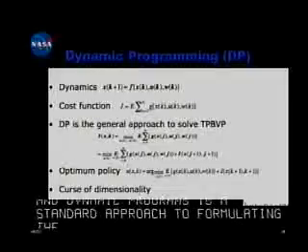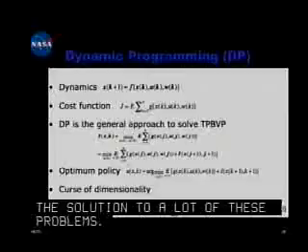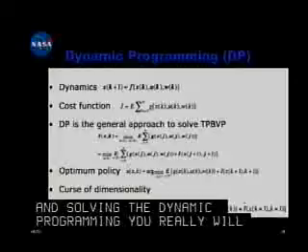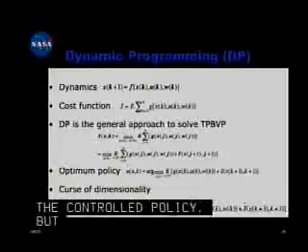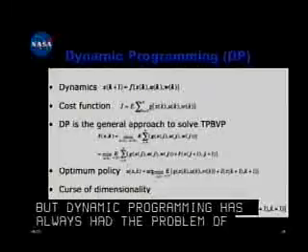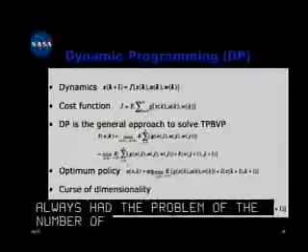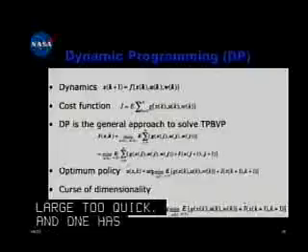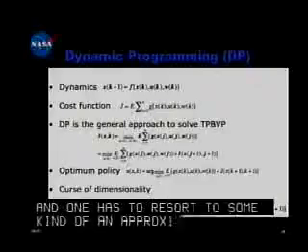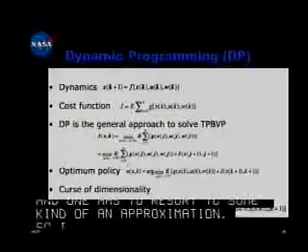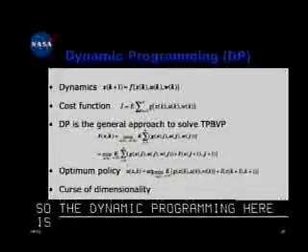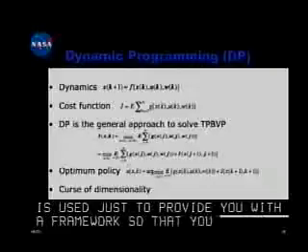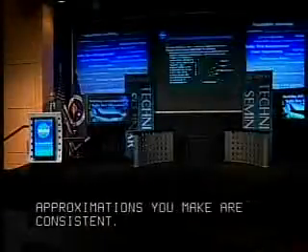And solving the dynamic programming, you really will get the control policy. But dynamic programming has always had the problem of the number of dimensions growing too large, too quick, and one has to resort to some kind of an approximation. So the dynamic programming here is used just to provide you with a framework so that the approximations you make are consistent. Okay.